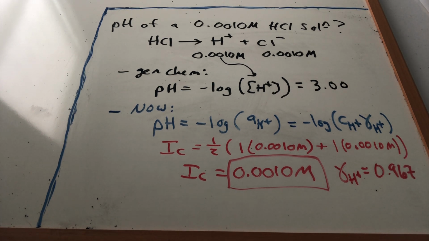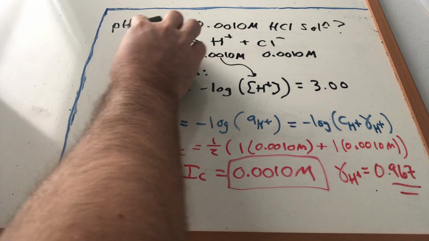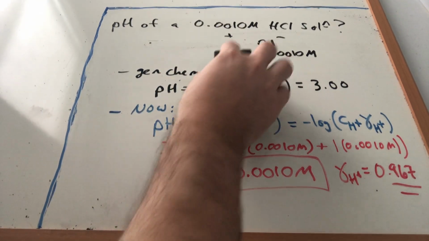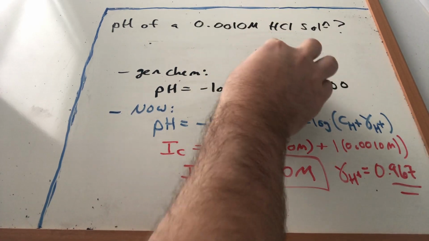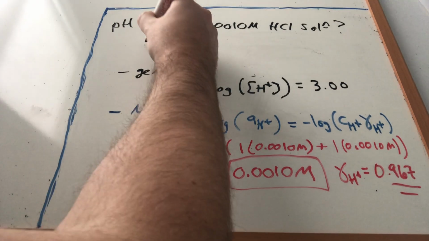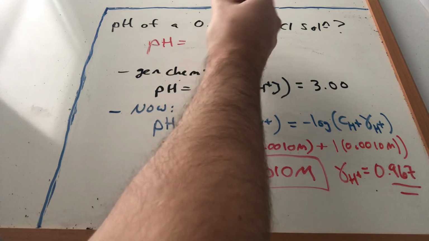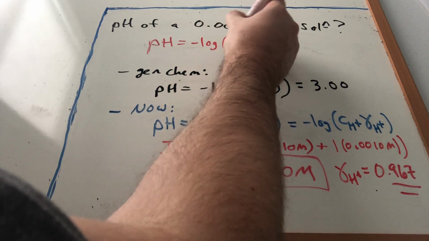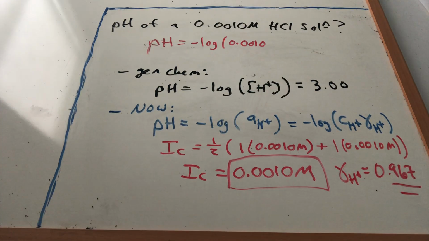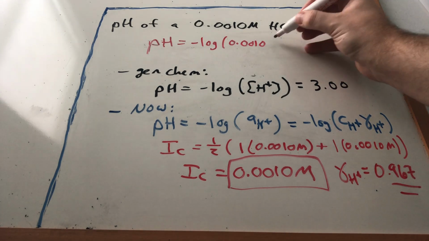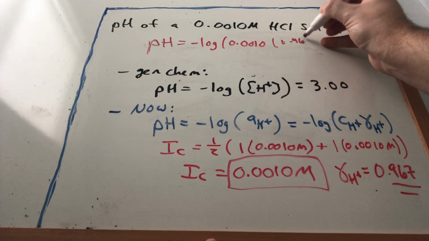So again, if we were doing some trace analysis, or if these decimal places in pH really matter to us, knowing that it's not 1 is important. And we're able to actually calculate the pH now in a much more accurate way. So to continue with our problem, our pH now is going to be the negative log of 0.0010 times our gamma, 0.967.